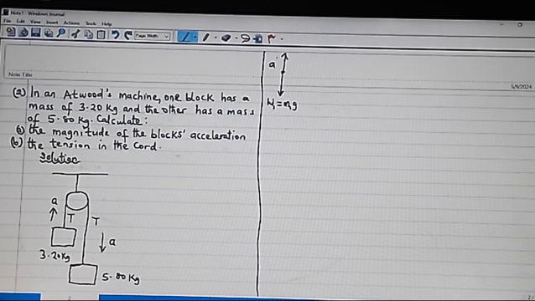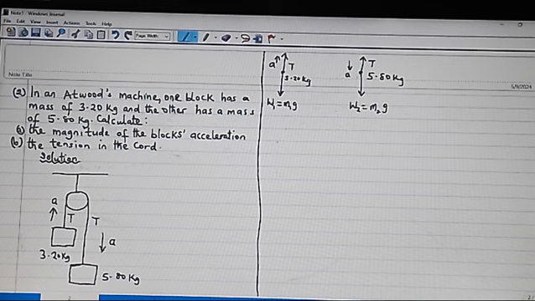A is also up. This is tension. Then for M2, this is for the 3.20 kg. This other one, W2, is M2G. This is the 5.80 kg mass. This is the tension. Acceleration is directed downwards.